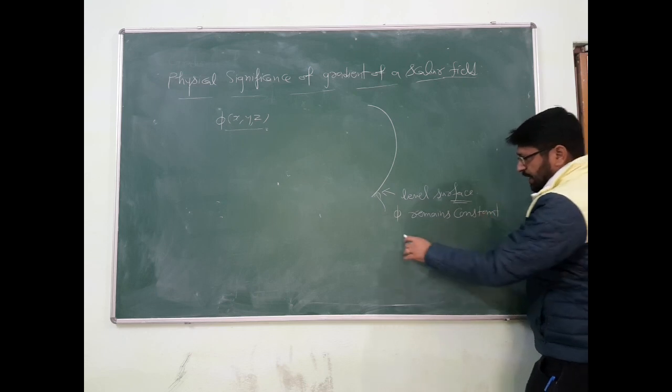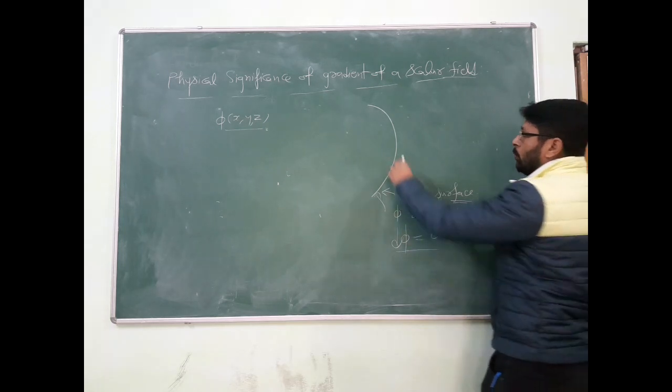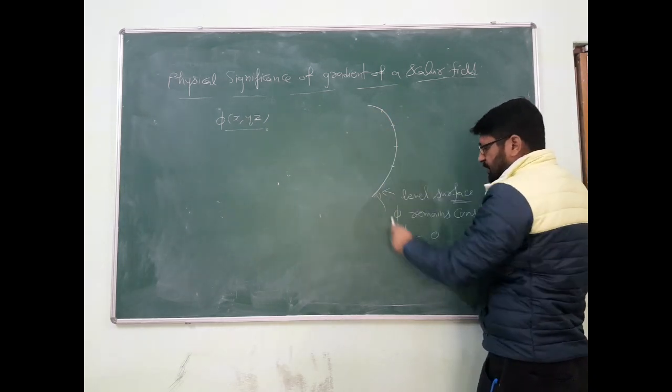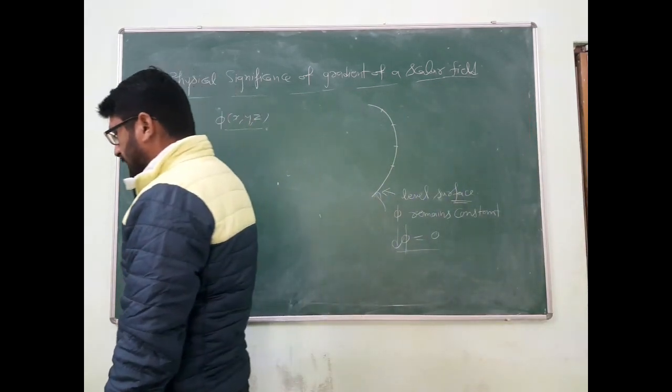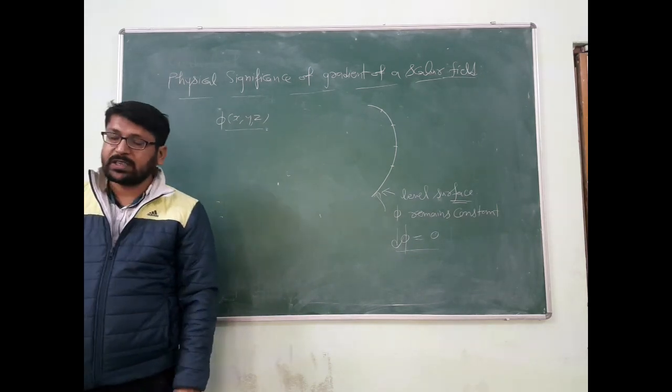So change in phi along this surface will be 0. If we move from this point to this, or to this, the change in phi will be 0, because this surface is a level surface. It has the same value when we move along this surface.